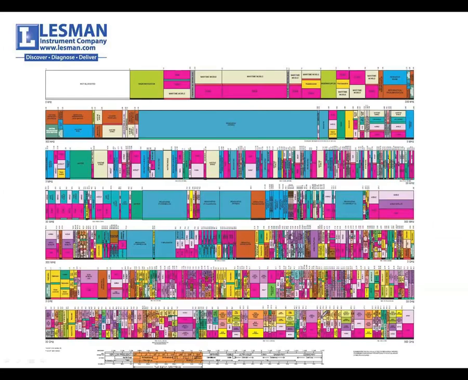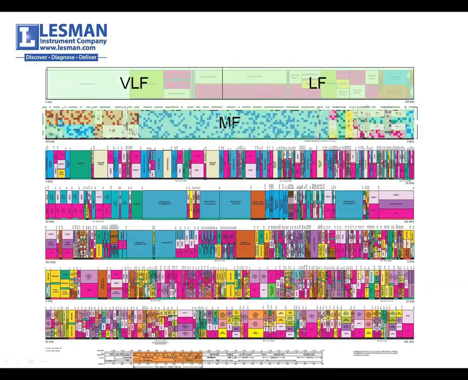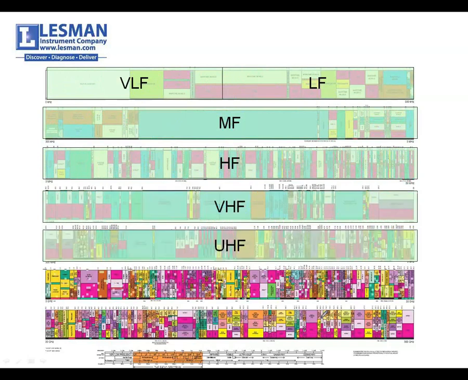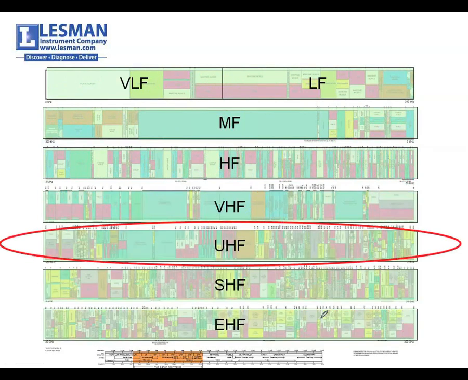Okay? This is the wireless band chart that the government puts out at this time. I just wanted to give you an idea where we live. So you'll recognize some of these. So it's very low frequency, low, medium, high, very high, ultra high, super high. We live in the ultra high environment.